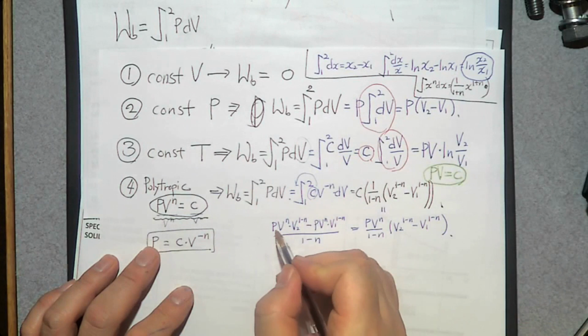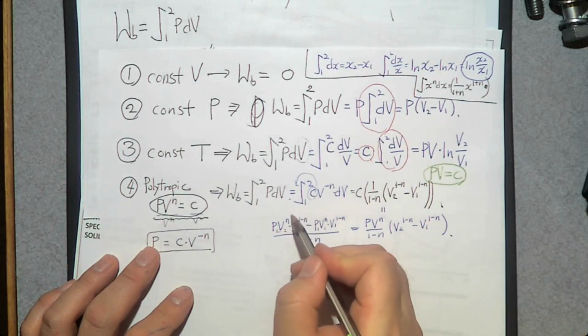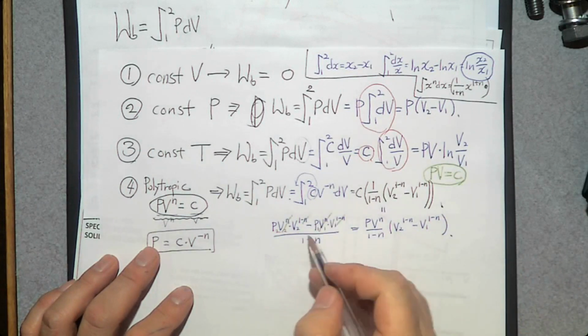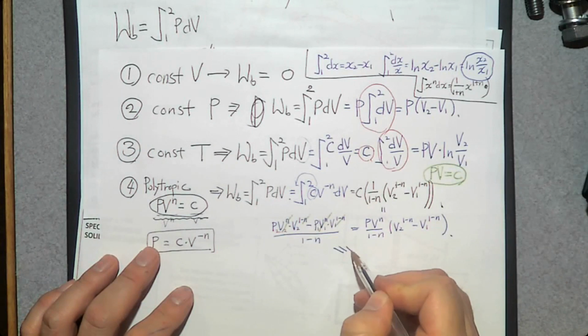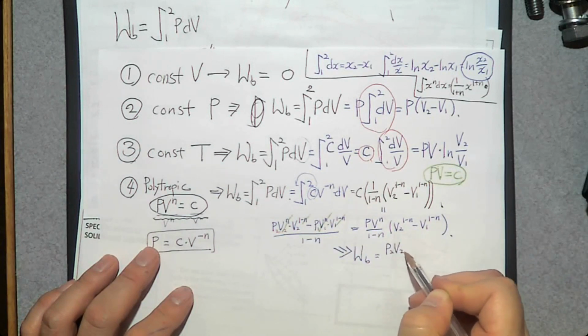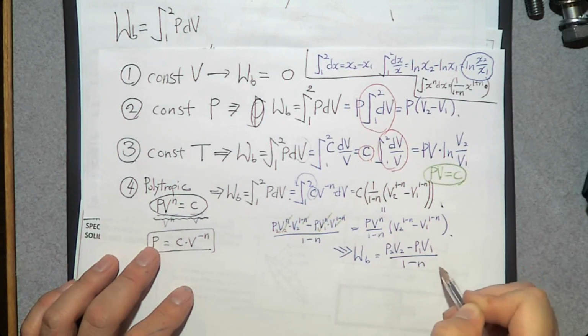Then this one, you can say P2 V2, P1 V1. Now, these terms we can cancel out. Then what do we have? WB is P2 V2 minus P1 V1 over 1 minus n.